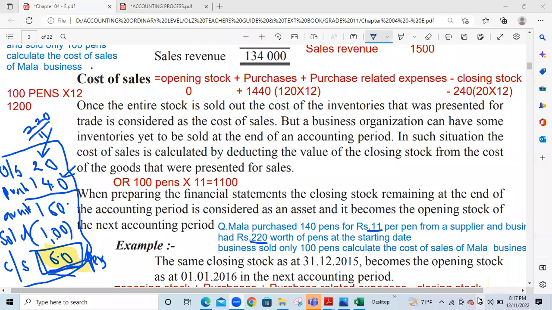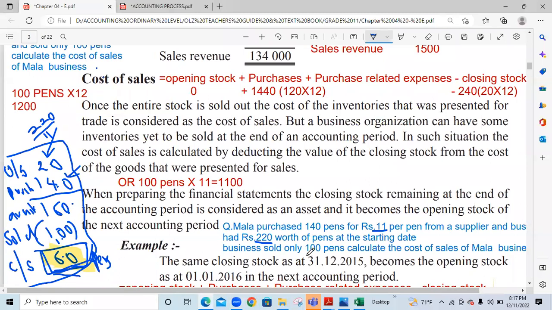Now, out of this example, how many pens were presented for sales? How many pens did you present to your customers to sell? 20 pens, 140, 160, 100 or 60 pens?